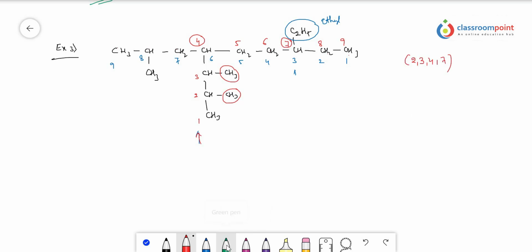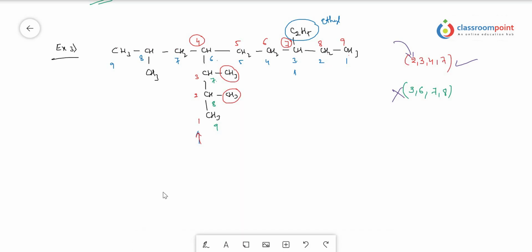Now if you give the numbering from this side, 1, 2, 3, 4, 5, 6 up to here, 7, 8, and 9, the ethyl group is at the 3rd position, at the 6th position the complex substituent is there, and at the 7th and 8th positions substituents are there. So the first locant is 2 here, and 3 there, so this set is not correct, this set is correct according to the lowest set of locants rule. So now we have to go with the red color only.